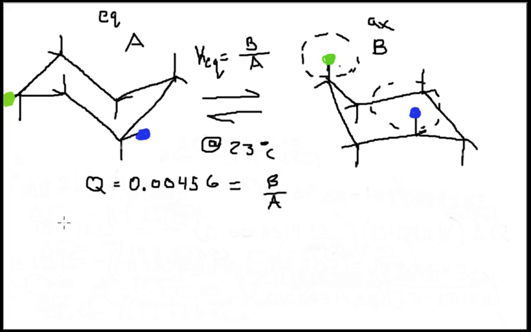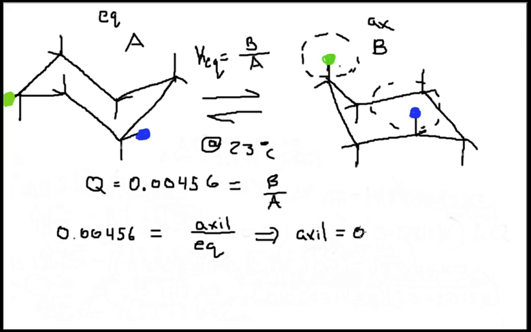Well, the way I do this is, let's just think about the equatorial axial thing. 0.00456 is equal to the ratio of the axial to the equatorial, which implies that the axial product is equal to 0.00456 times the equatorial product.